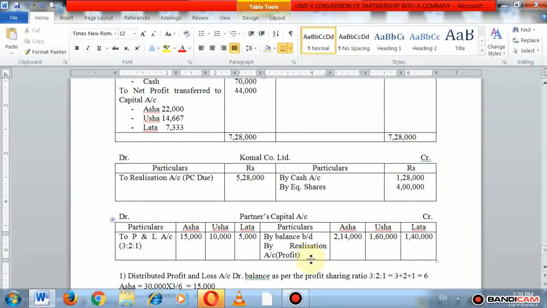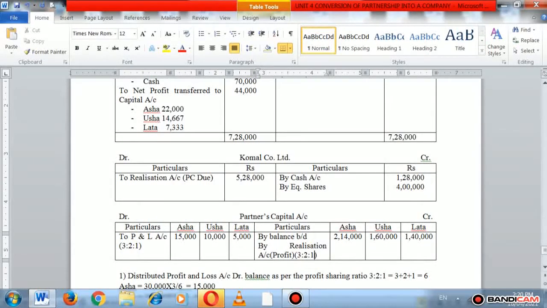Profit distributed as per profit sharing ratio 3:2:1.